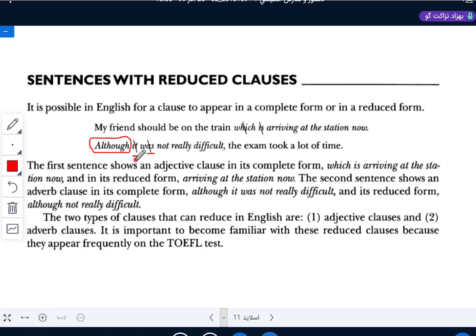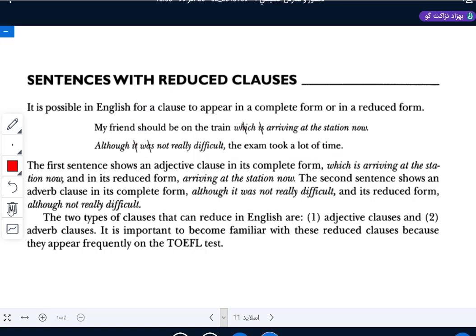When the subject of the adverbial clause is the same as the subject of the main clause, although it was not really difficult, the exam took a lot of time. As you see, the pronoun that comes before the noun is the same as it. So in that case, we are allowed to reduce this it and the be verb at the same time. So we will have, although not really difficult, comma, the exam took a lot of time.